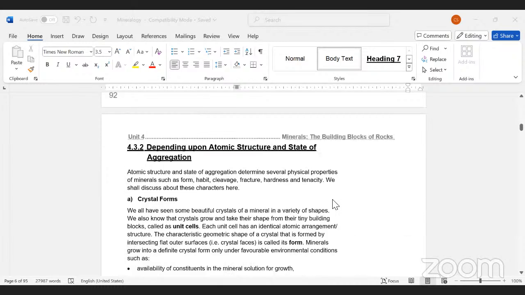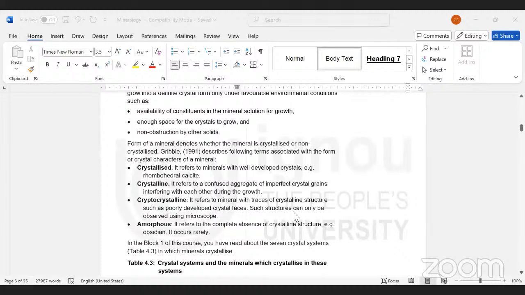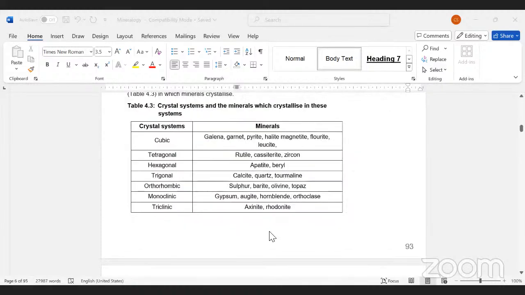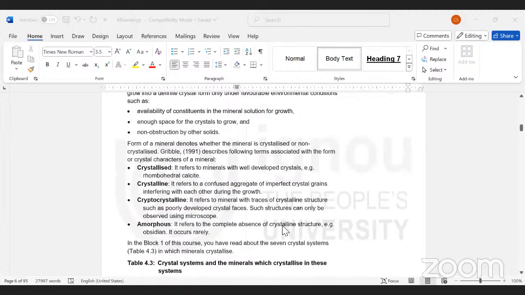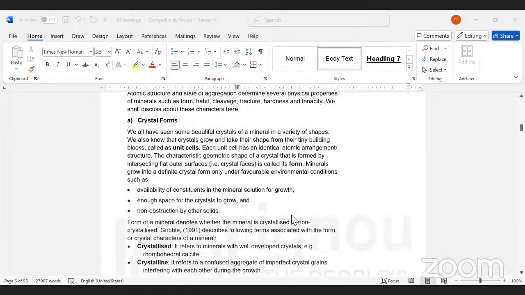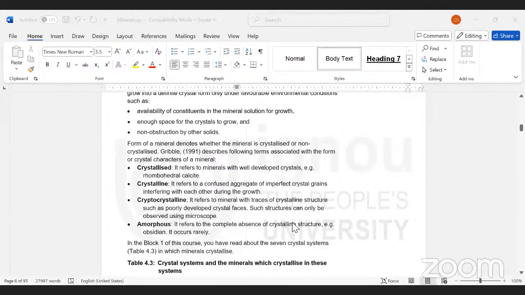Here, the next property is form. Crystal forms. Here different types of crystal forms are there: crystalline form, cryptocrystalline forms, and amorphous forms.